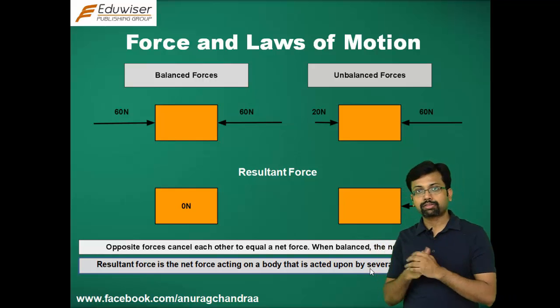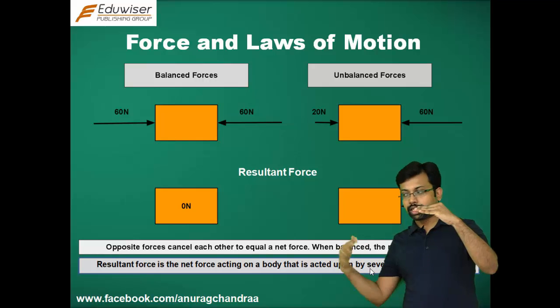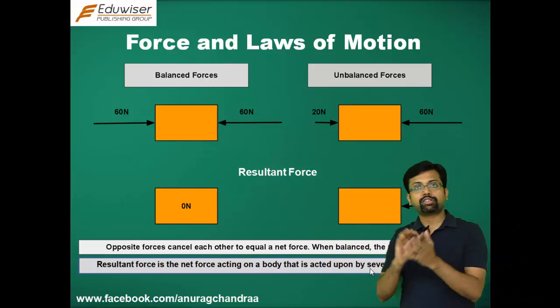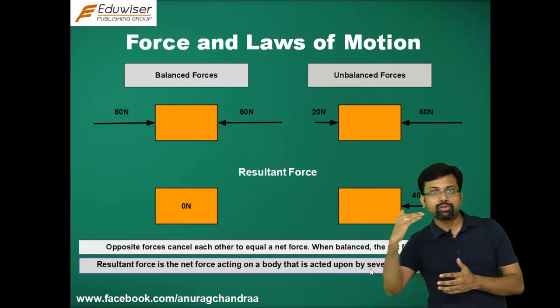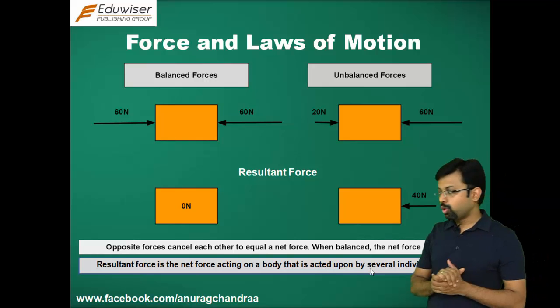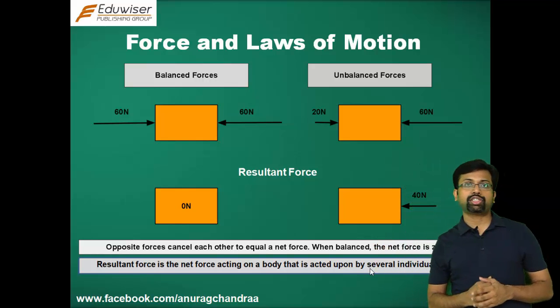Now what happens to this particular object? The net effect of the two forces will be 40 Newton of force acting in the direction of the greater force. So effectively the resultant force will be 40 Newtons and its direction will be in the direction of the greater force.